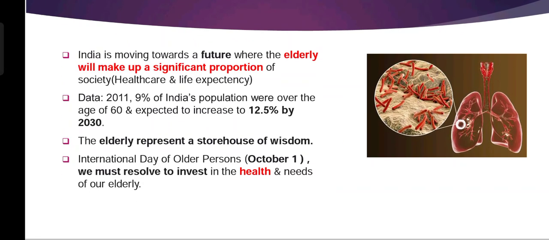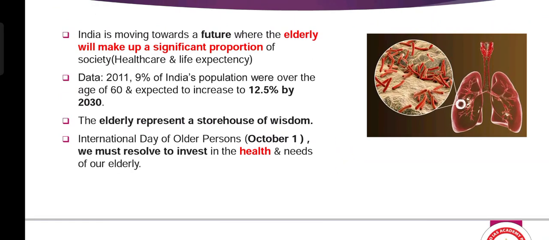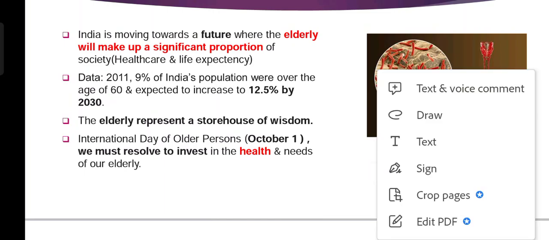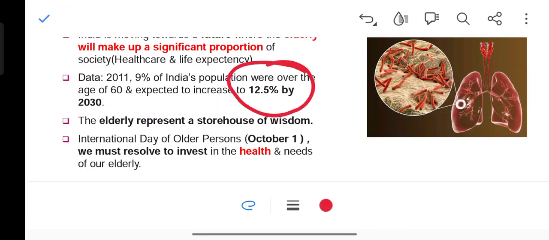We have data here: in 2011, 9% of India's population was over the age of 60, and by 2030 it is expected to increase to 12.5%. It is a very important and significant share, as you can see here.